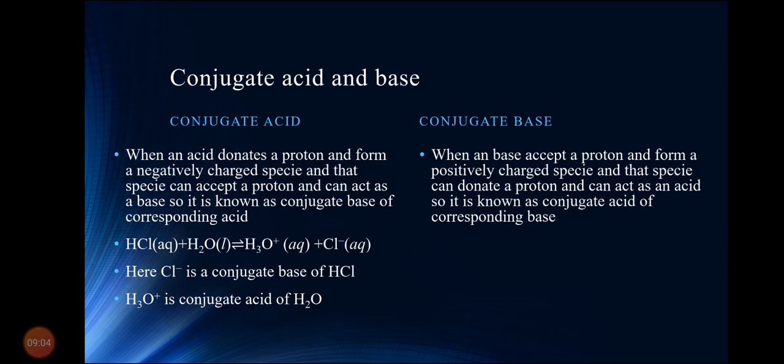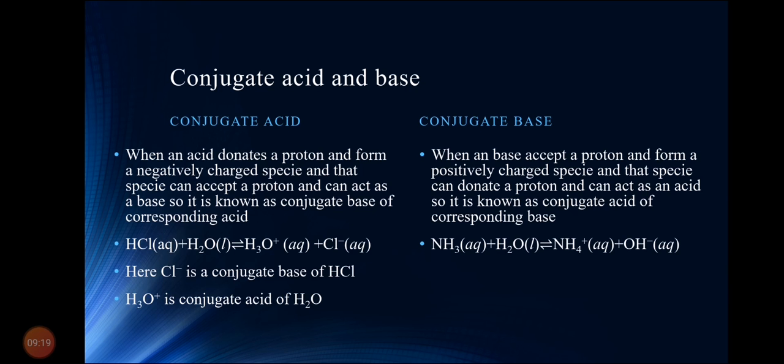Now what is a conjugate acid? Students, when a base accepts a proton and forms a positively charged species, and that species can donate a proton and act as an acid, it is known as the conjugate acid of the corresponding base.